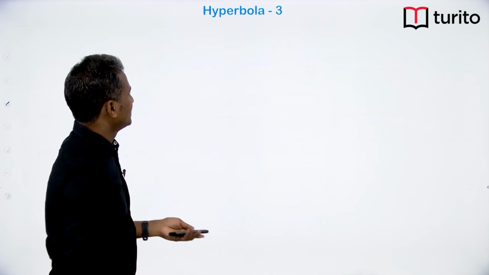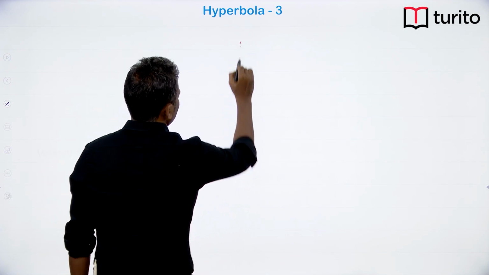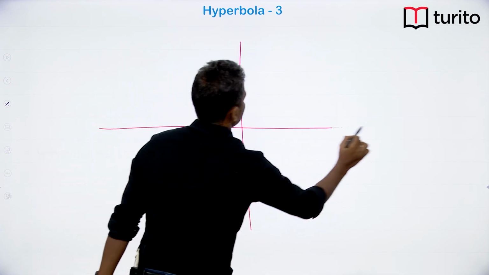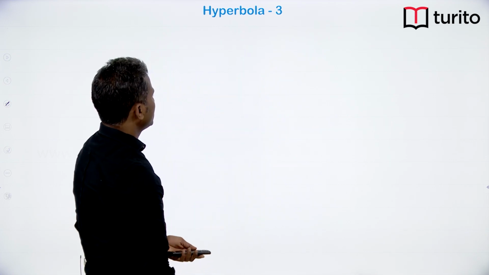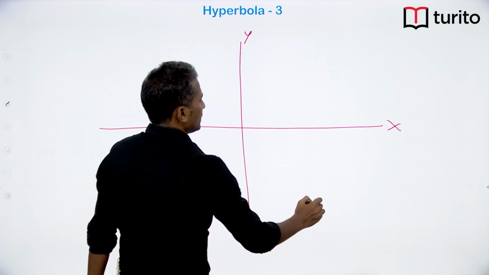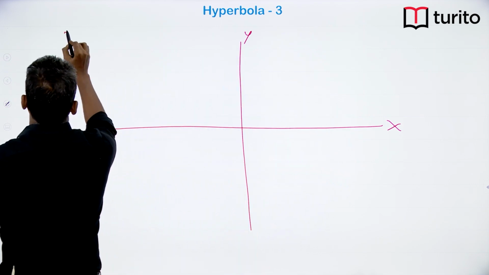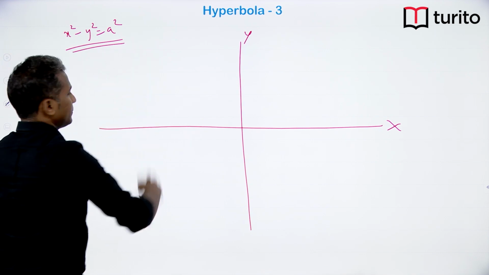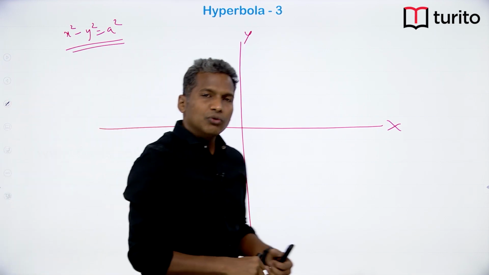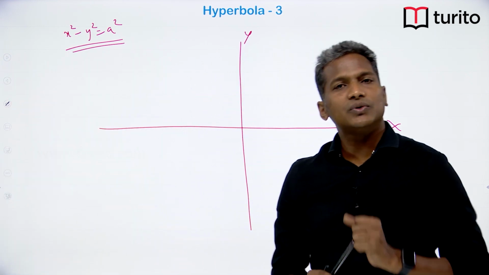Here this is the y axis, this is the x axis, and if you look at this equation, x square minus y square equal to a square, now recall how do we get the equations of asymptotes?